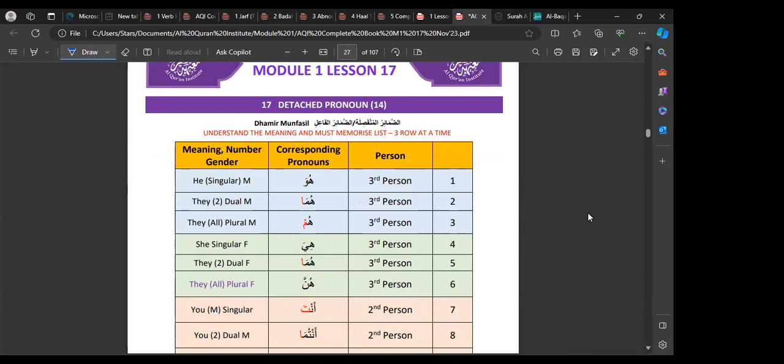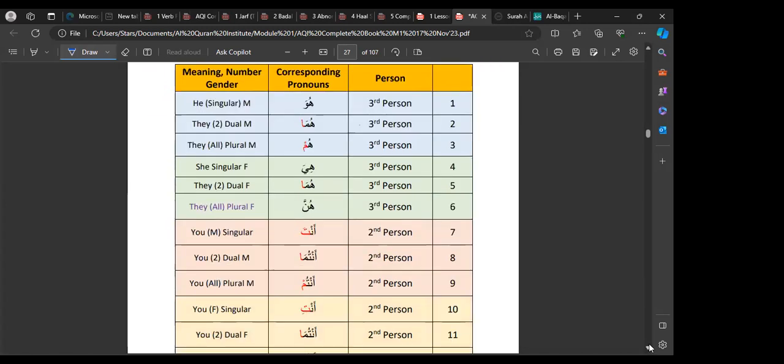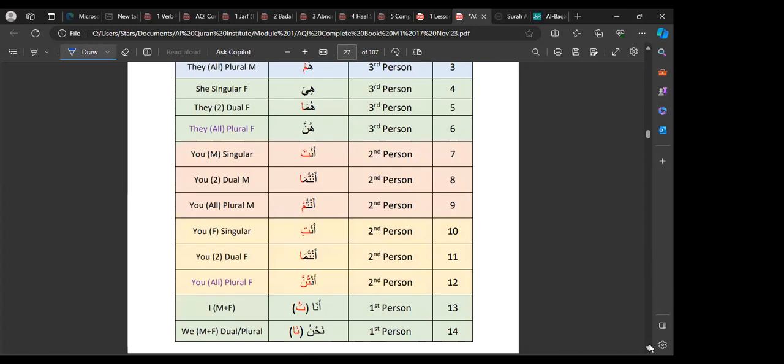And practice this, because I'm going to select some students to say it out loud as well. So start practicing from now. Huwa humma hum, hiya humma hunna, anta antuma antum, anti antuma antunna, ana nahnu.